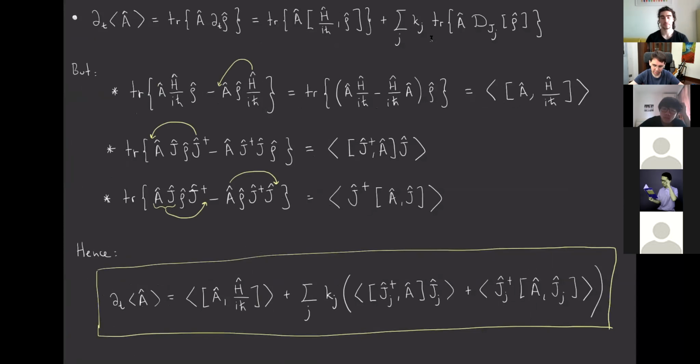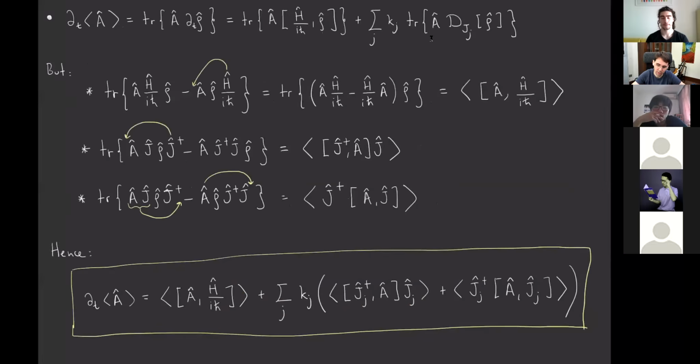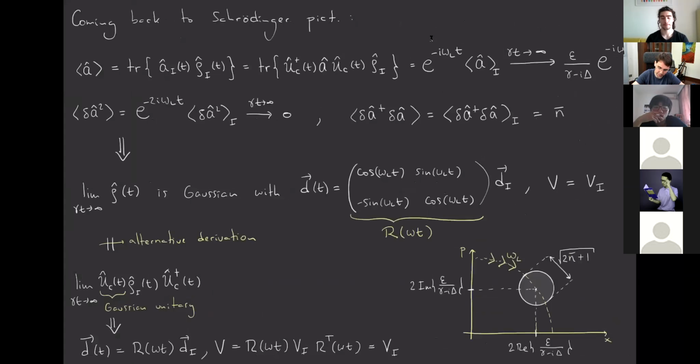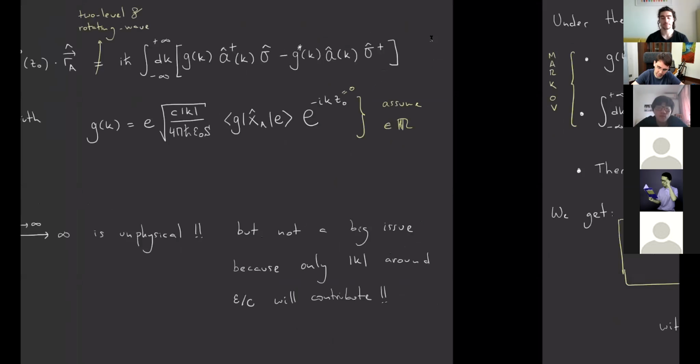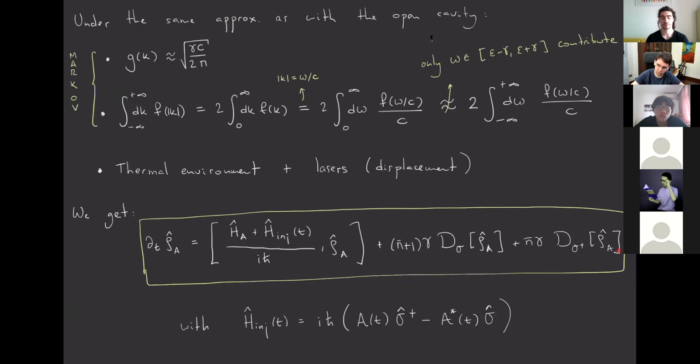For any master equation in Lindblad form, the time derivative of an expectation value is equal to the expectation value of the corresponding Heisenberg equation, plus these funny commutators with the jump operators. This is all we need to determine the expectation value of sigma and sigma dagger, but now with this master equation.